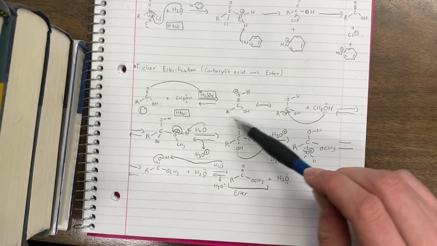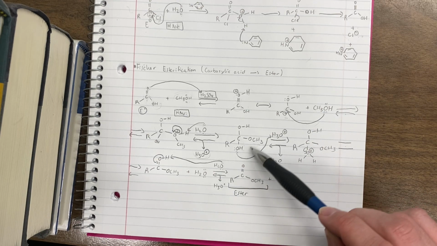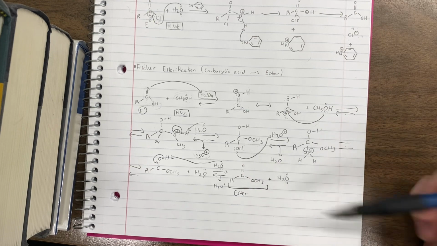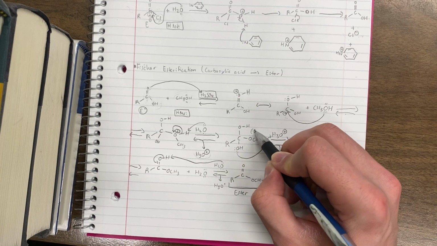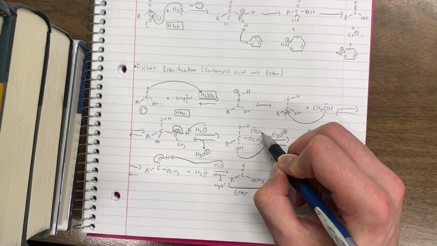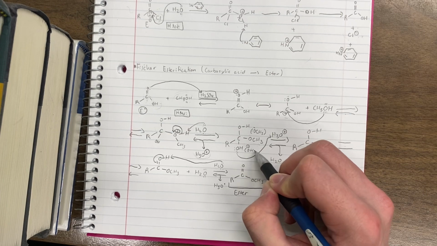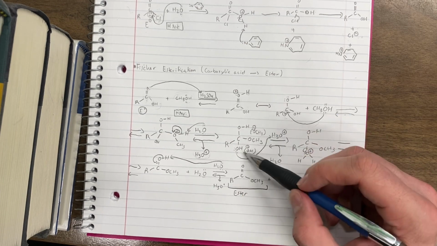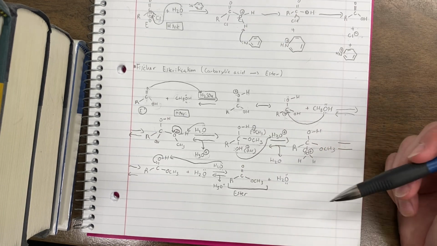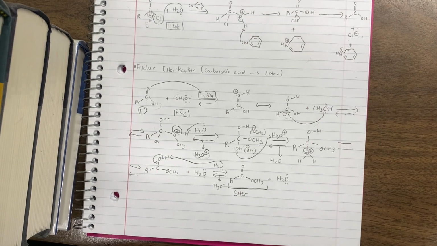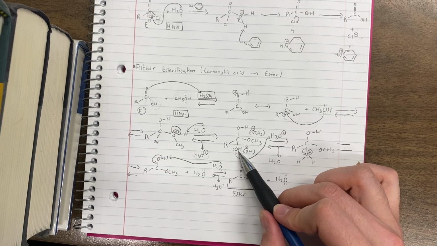Once you are at this step, it's really important to locate both possible leaving groups and notice that this possible leaving group, O minus CH3, or OH minus, are both equally likely to leave. Their basicity is super equal, which is why we need to protonate here.